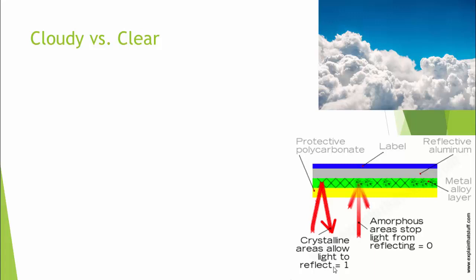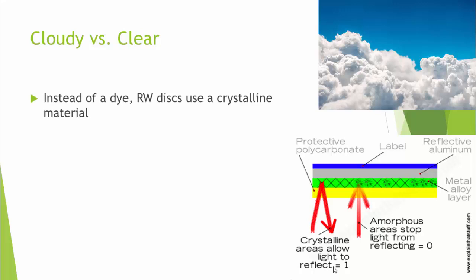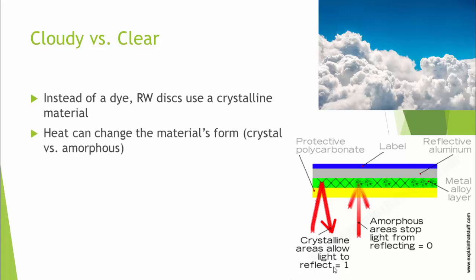And so that pressed material between the waterproof plastic layers and the aluminum, when it's crystalline, allows the light through, but when it's called amorphous, so like a gel, it stops the light from reflecting, and that represents a zero. So those read-write disks don't use a dye at all, and instead translate between crystal and amorphous.